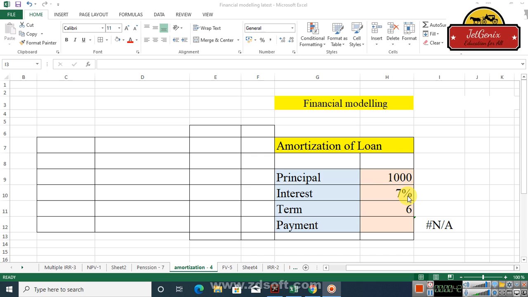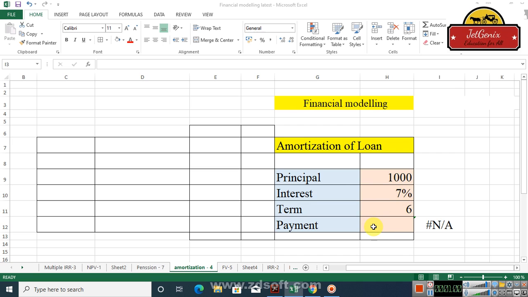So in simple words, what will be our installment? The 6 installments should be equal amounts, and that will pay the $1,000 principal amount plus the 7% interest as well.